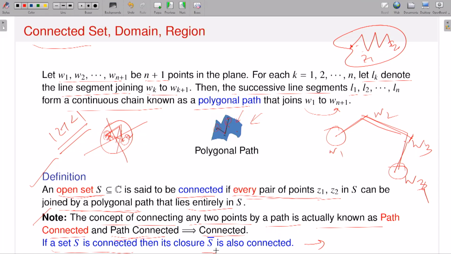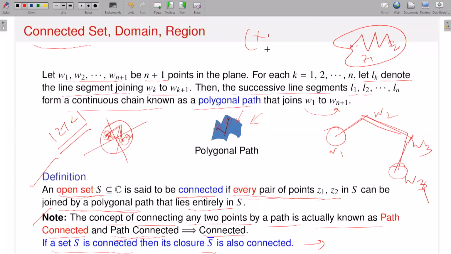Now you may ask why it is a little stronger. In a topology course, for first year master students or advanced undergraduate students who have done a first course in topology, there is a definition of a connected set in an arbitrary topological space. I am not giving the appropriate definition here, but I can say it briefly this way.